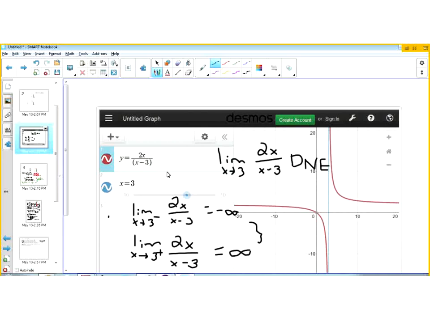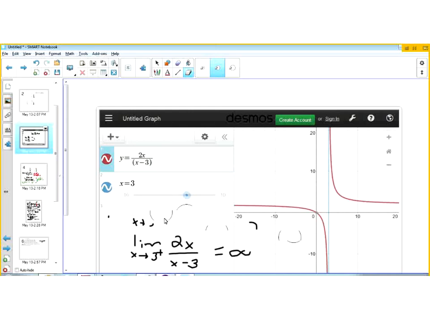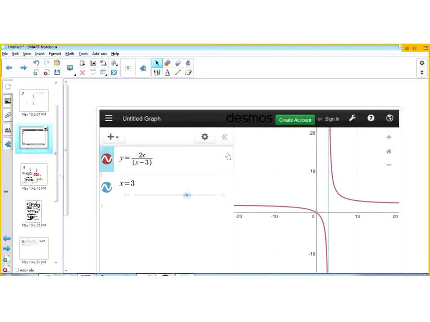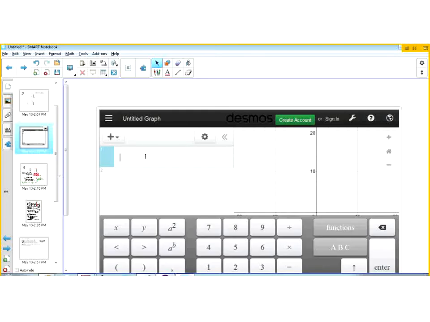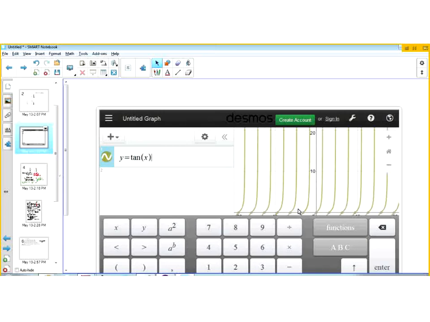Say, how about, let's plot the tangent function. Okay, so I'm going to erase this now. And I'm going to say plot y is equal to tangent of x.